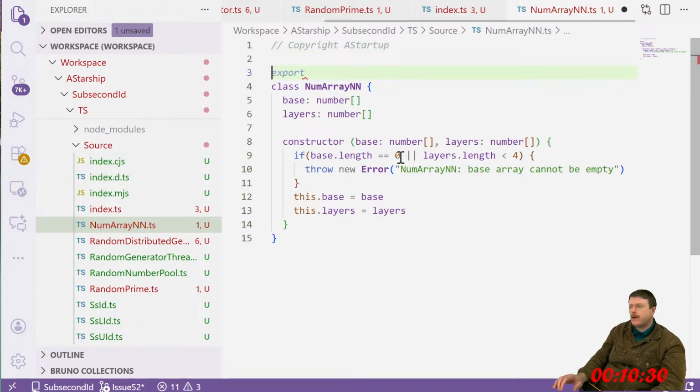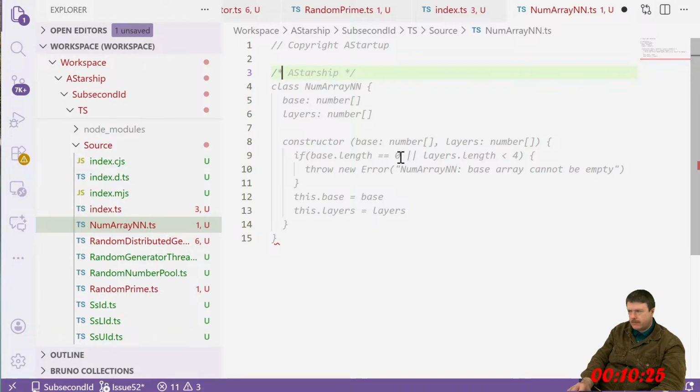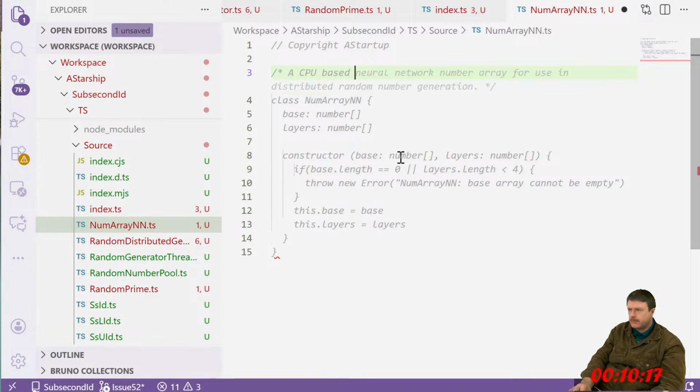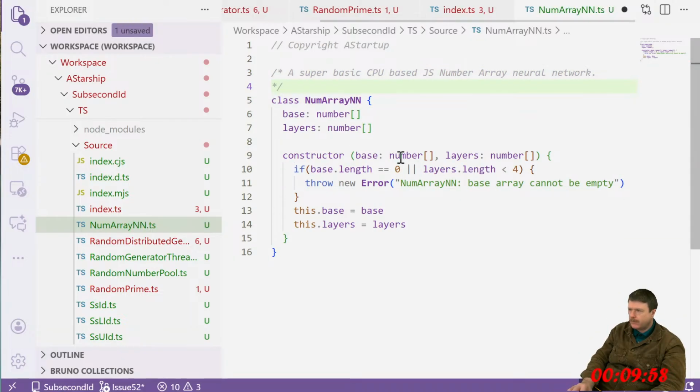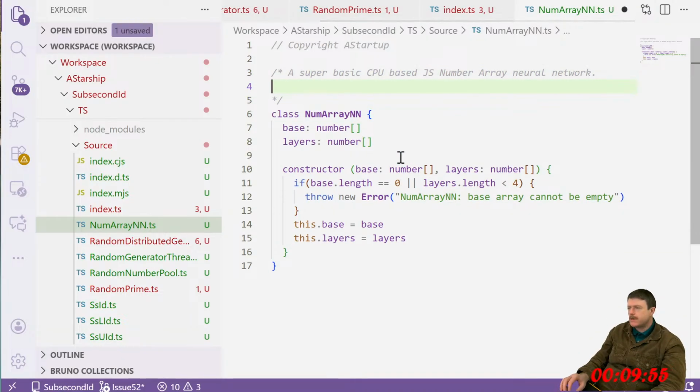So I need to have a write-up of the format. It always starts out super basic.